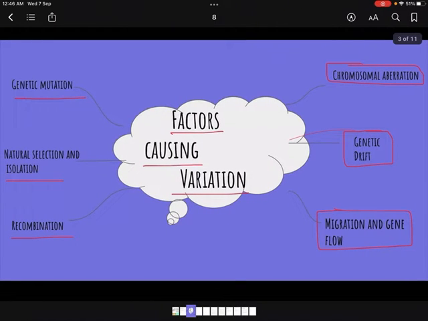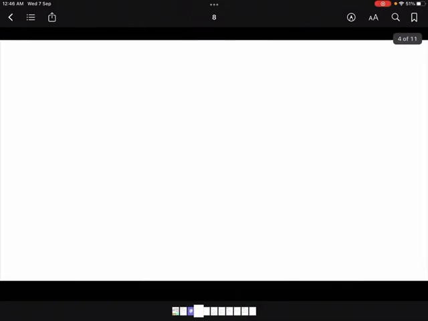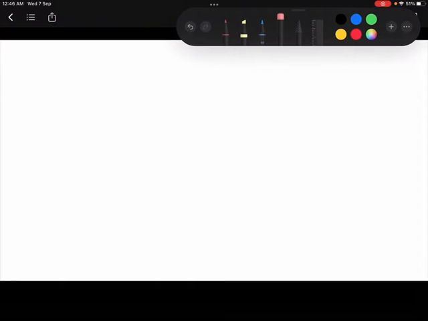Next, let's first do the chromosomal aberration. What is chromosomal aberration now? We all know that the information in the genes is encoded in the DNA, and DNA is a part of our chromosome. It is stored in the chromosomes.